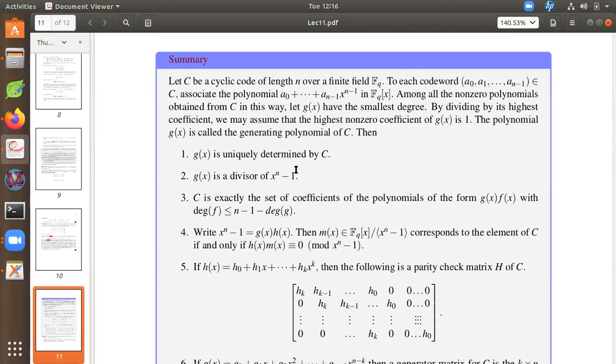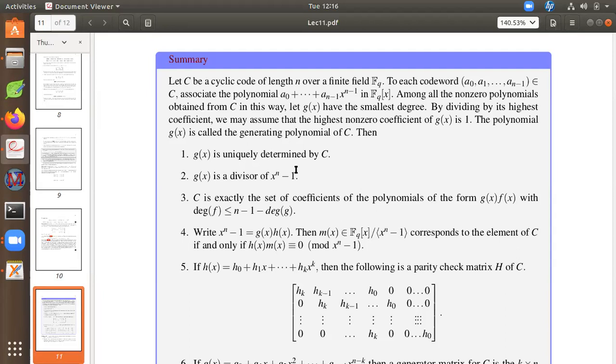Does anybody have a doubt here? Let C be a cyclic code of length n over a finite field Fq. Each code word we associate with a polynomial. Now C can be thought of as a set of polynomials.